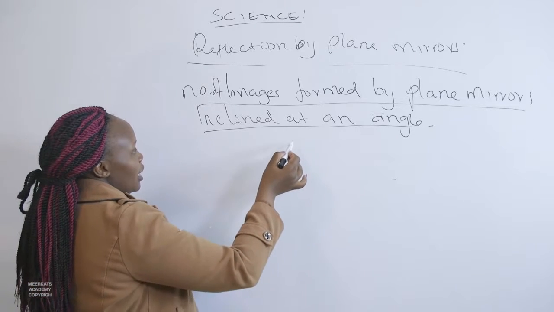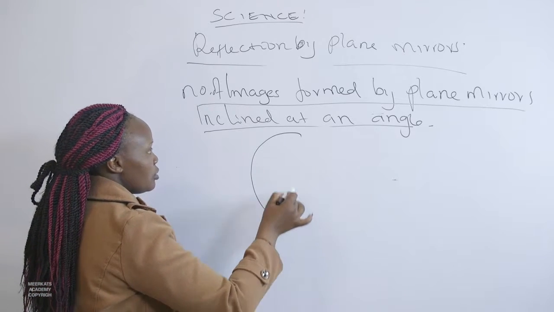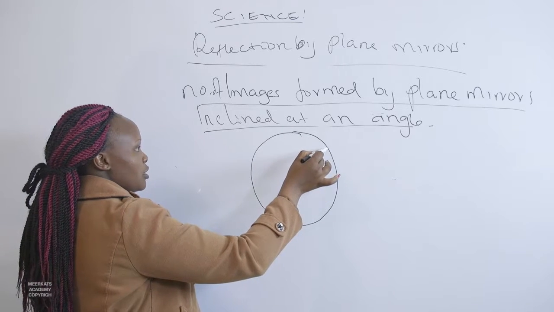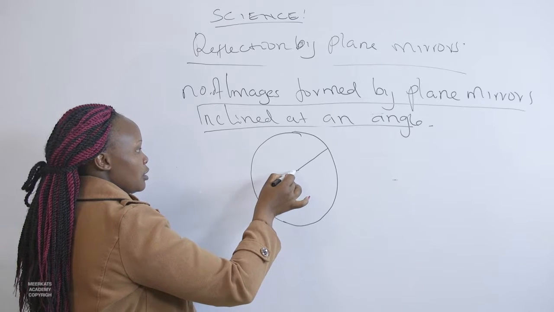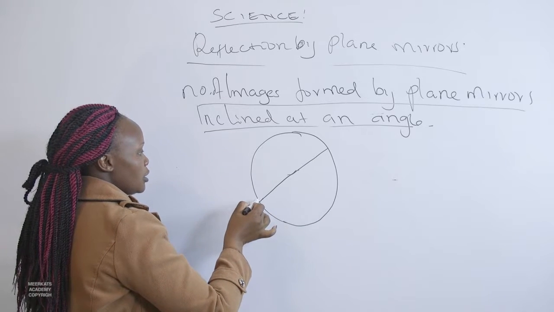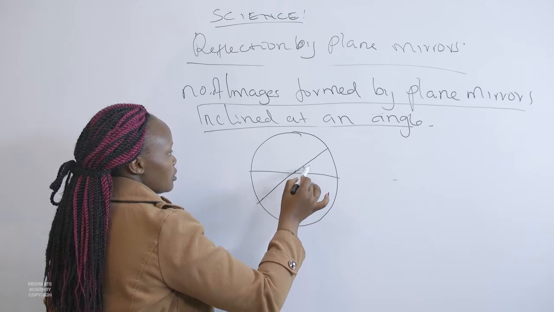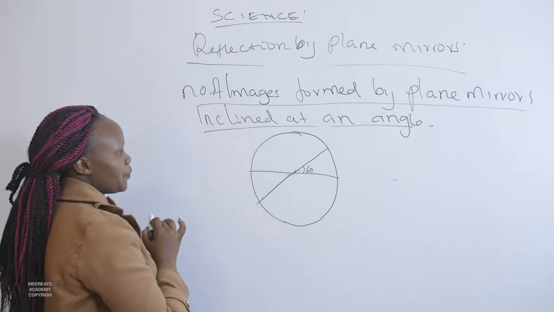Let us take an example of two mirrors inclined at 60 degrees. Let us call this one 60.